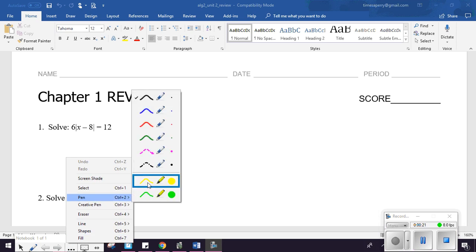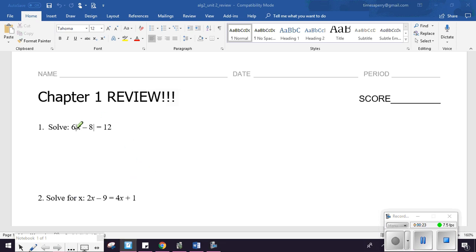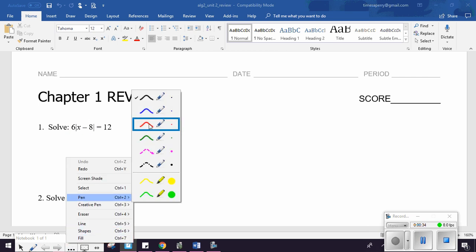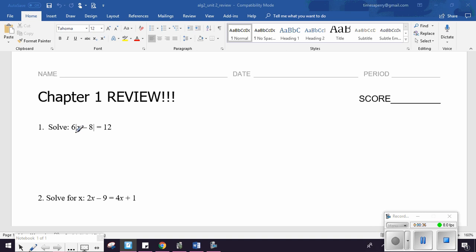Now, I told you all, before you can solve absolute value equations, you must get this absolute value bar by itself. You must get the absolute value of x minus 8 by itself.